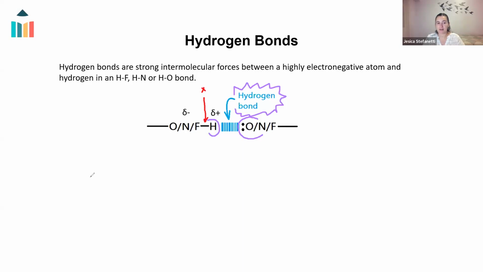Don't think about it, because that will be wrong. The hydrogen bond, again, just makes reference to the attraction between molecules. It's not a real covalent bond. As I have been mentioning, hydrogen bonds can take place between molecules of the same type, but also between molecules that are different.